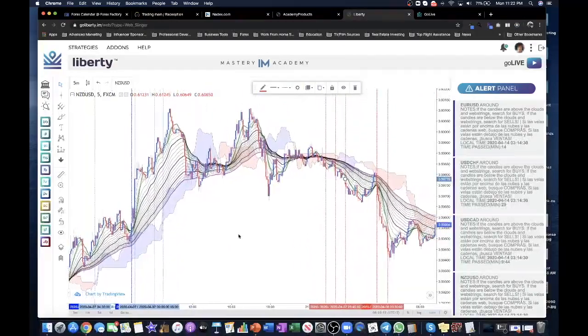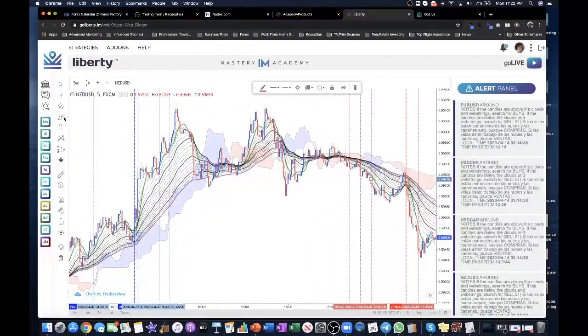So why is the web slinger important? Well, here's the deal. When the markets are trending up, it's going to zigzag its way up. That's just the way it moves. It moves in waves. It moves like a thunder strike, right? So say this is trending up. Here's the uptrend, right?